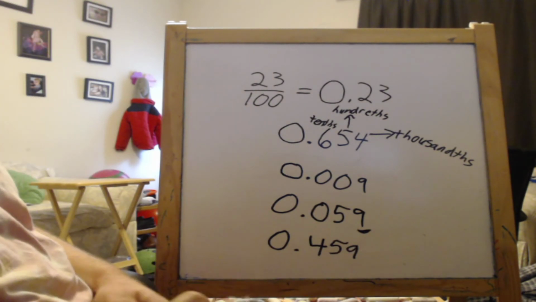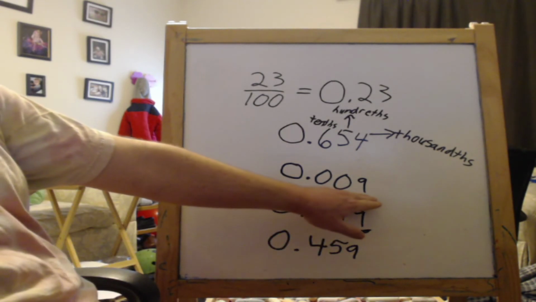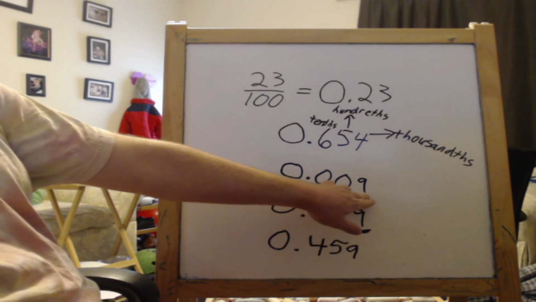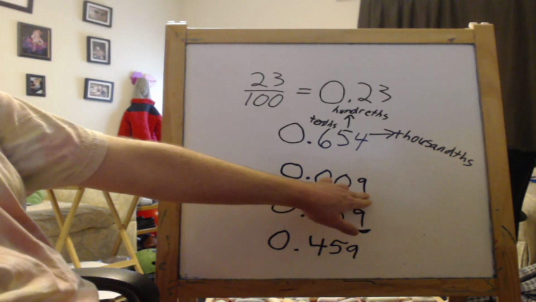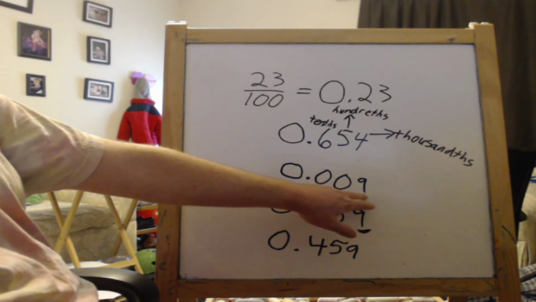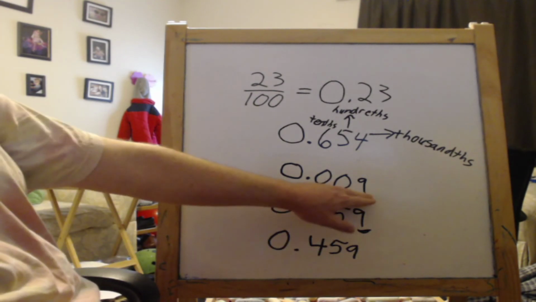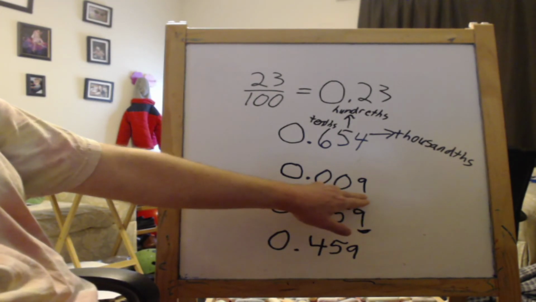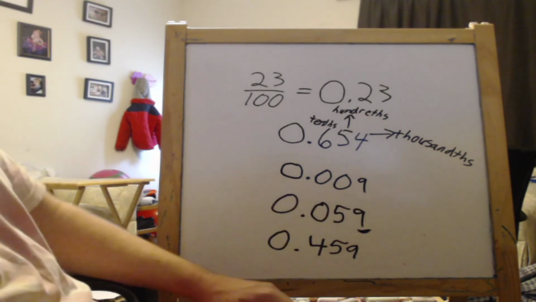So the key for naming decimals, I would say, is putting the last digit of the number in the place that you need it to go. As in, we're talking about thousandths, so this would be 9 thousandths, and the 9 would go in the thousandths place.